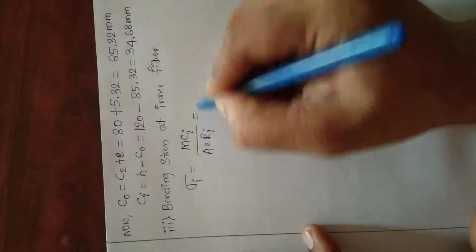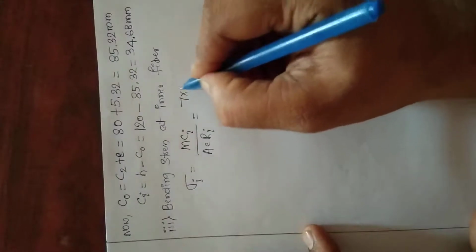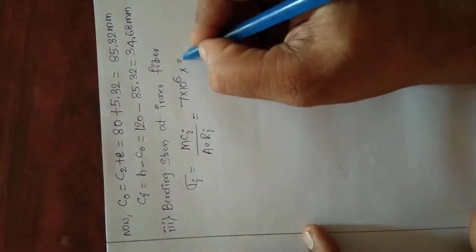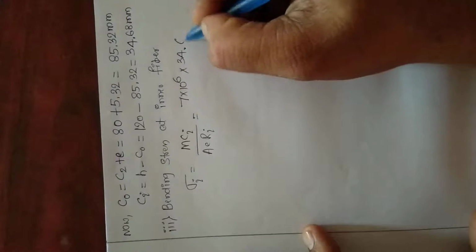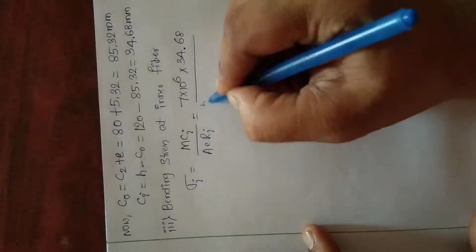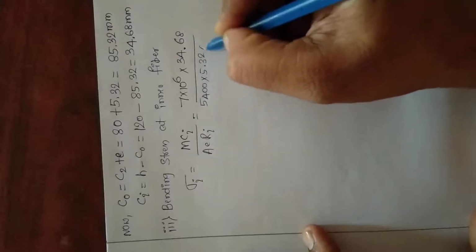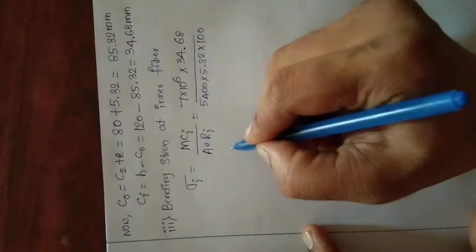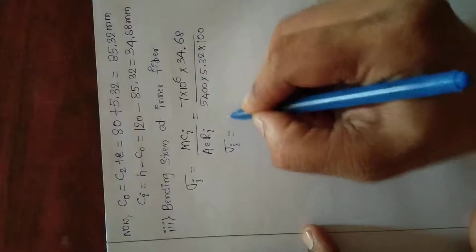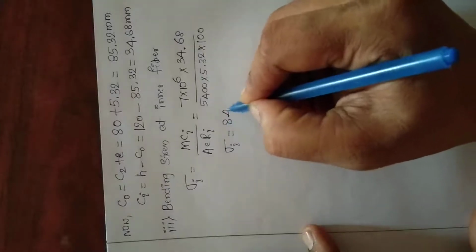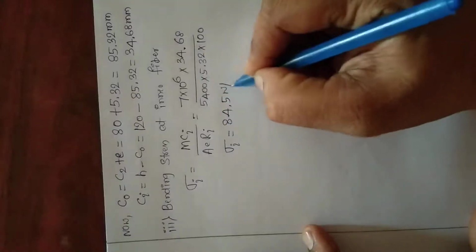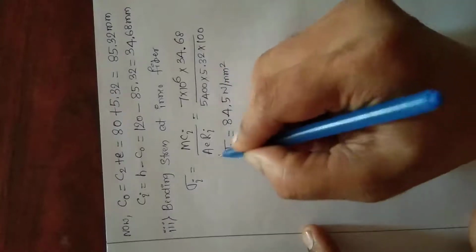So directly I am going to substitute the values: 7 into 10 raised to 6, 34.68, area is 5400, E is 5.32 and Ri will be 100. So sigma I bending stress, I will get 84.5 Newton per mm square.